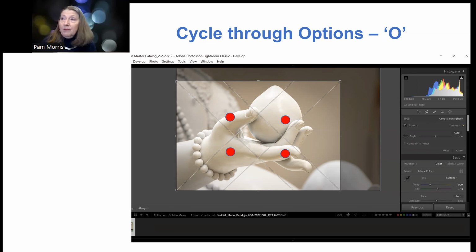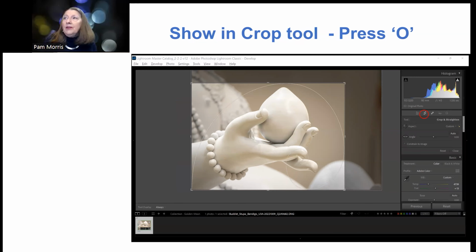And so by looking at each one of those overlays, then you could confirm, yes, that is actually the correct crop. And so when you're in crop in Lightroom, if you just keep hitting O, then you get these different overlays displayed. And if you're in the spiral overlay, if you hold down Shift and hit O, the spiral will go around different quadrants for you.